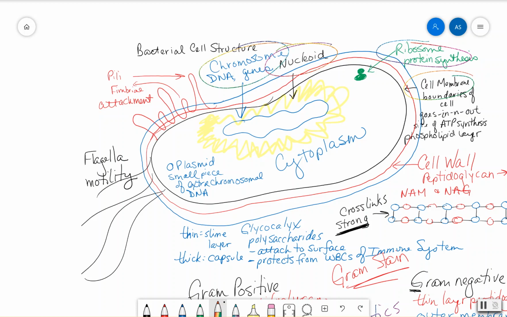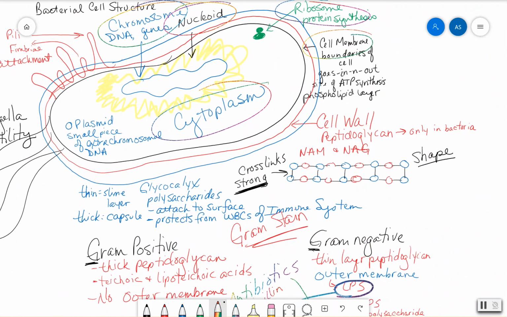They all have to have a nucleoid region and a cytoplasm. Now, most bacteria also have a cell wall, to the point where most microbiologists say all bacteria have a cell wall. So when I ask you the structures that all bacteria have, I want you to say they all have a cell membrane, cytoplasm, chromosome, nucleoid, ribosomes, and a cell wall.